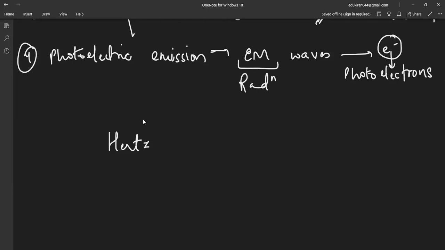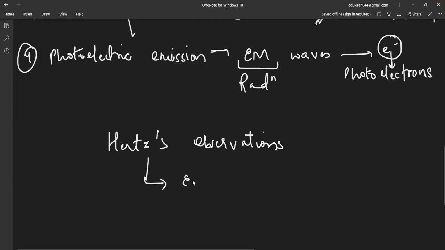So very early, in the 1800s, I don't know the date, Hertz did some experiment. He was the one. Hertz's observations were very important because these observations helped us get the knowledge about EM waves, that yes, in photoelectric emission, EM radiations are important.